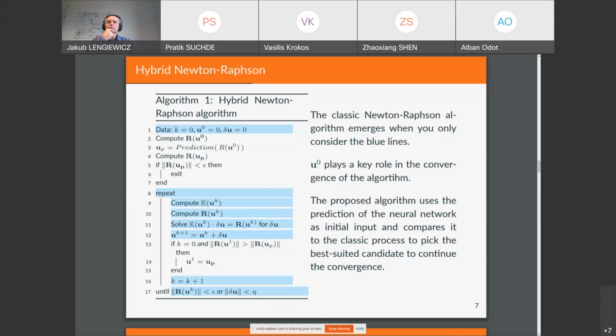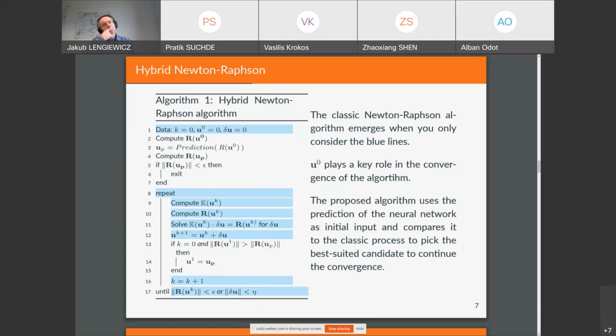If this approximation is very good, then we don't need to enter the Newton-Raphson loop because we already reached the equilibrium criterion. And if it's not, then we enter the Newton-Raphson algorithm. We do a first iteration, and we compare the state of the system after the first iteration to the state after the prediction.